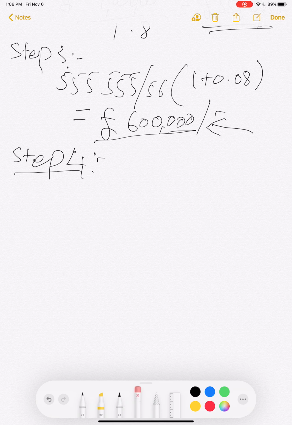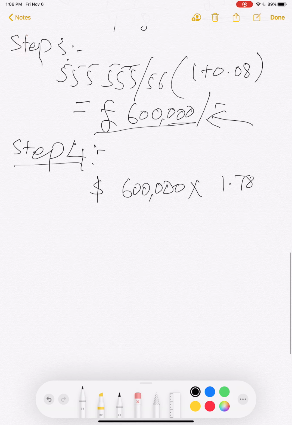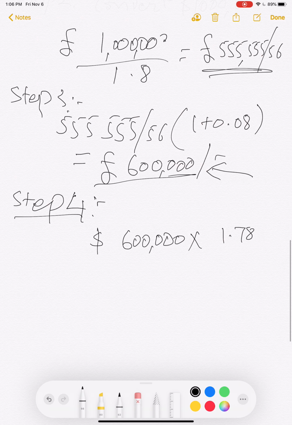So if you see, you can get your dollars back if you multiply 600,000 by 1.78. This is actually your pounds, right?